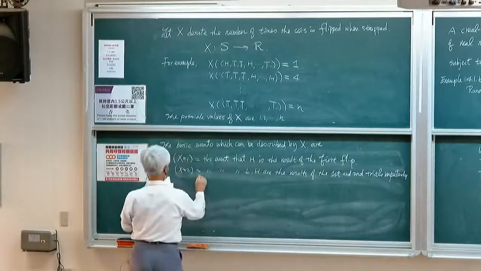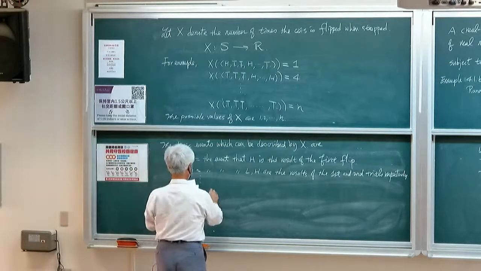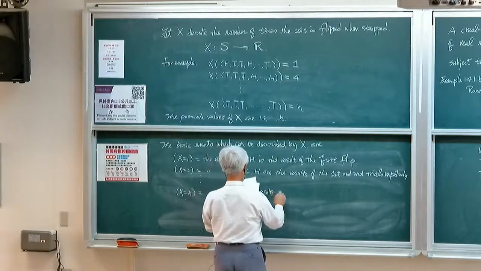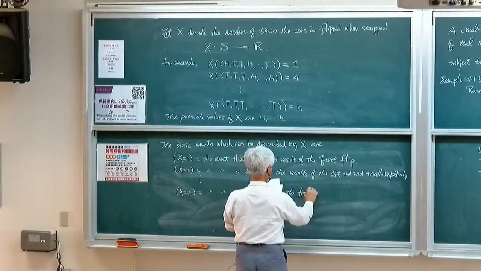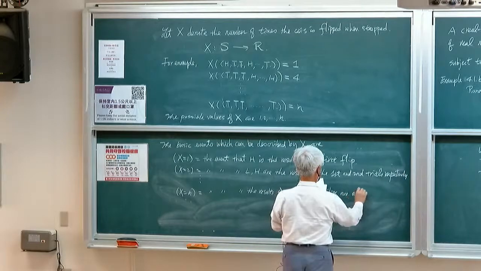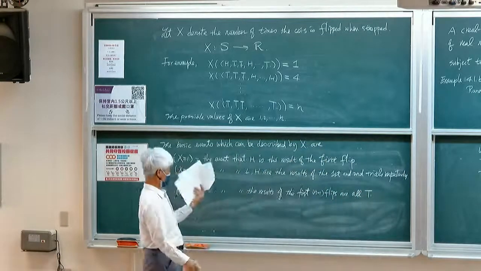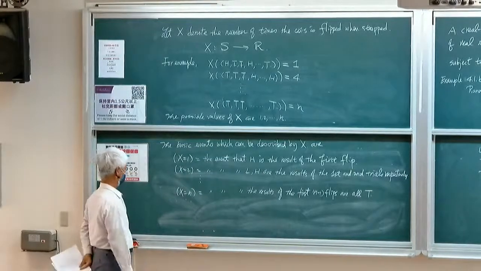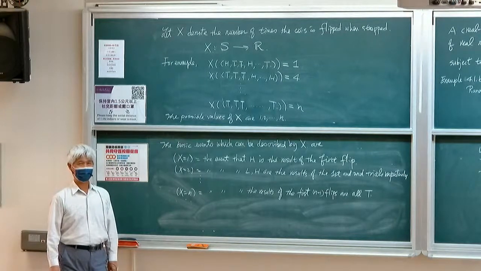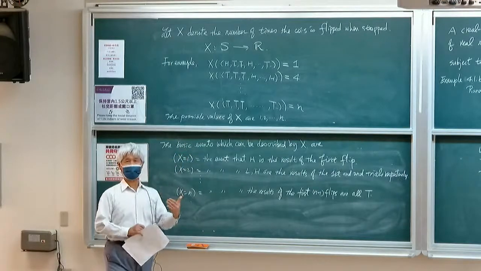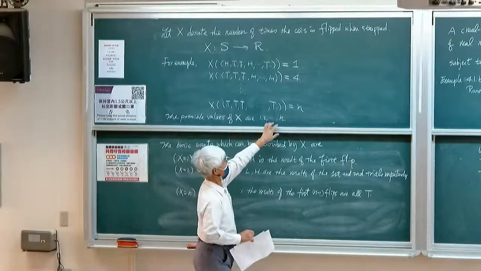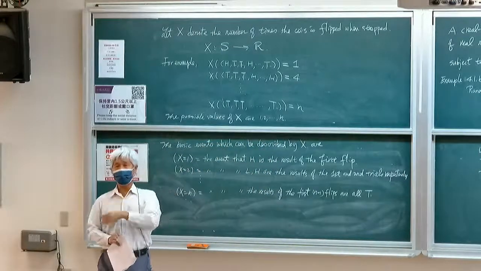And up to X equal to n, which is the event that the results of the first n minus 1 flips are all tails. So these events are the most basic events that can be described by X, because X has only n possible values, 1, 2, 3, 4, 5 up to n.